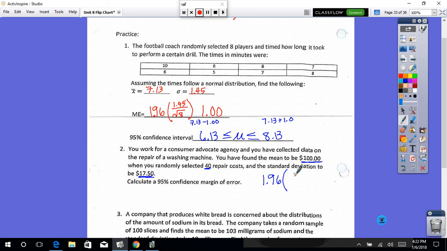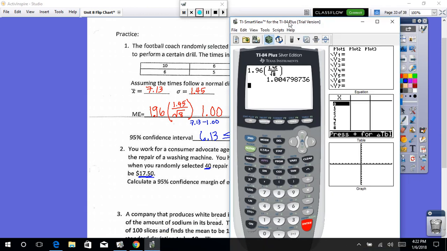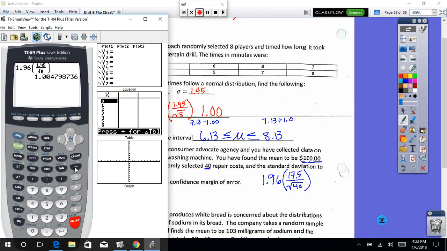My standard deviation of 17.5 over the square root of however many I had, and it said that I did 40 repairs. Okay, again, straight in your calculator in one step. 1.96, parenthesis, go and get your fraction, 17.5 over square root of 40.